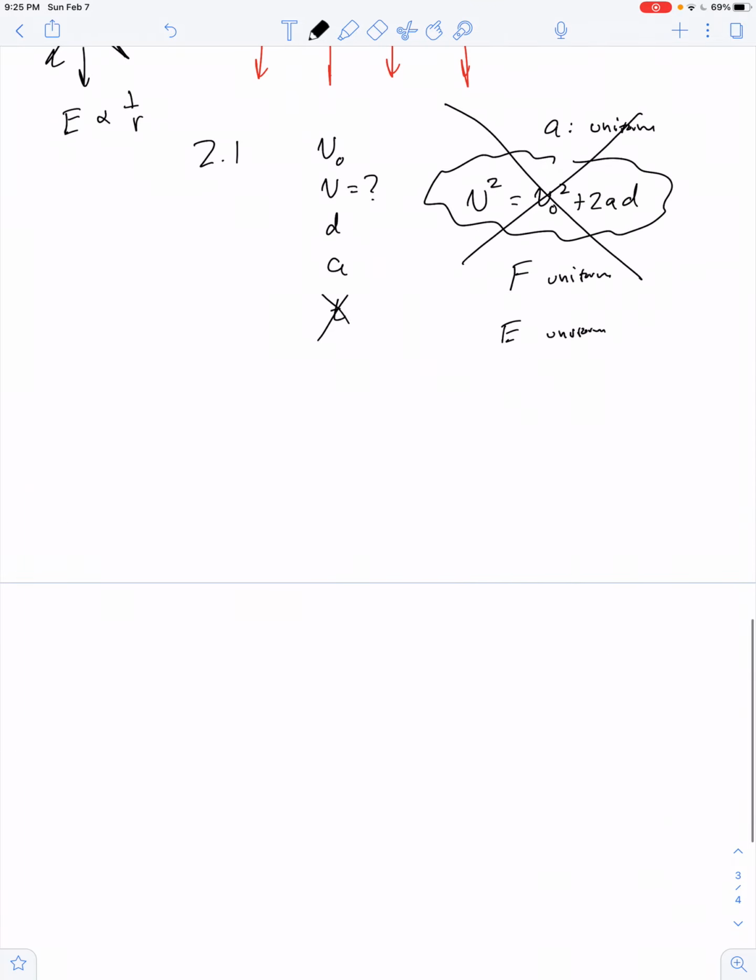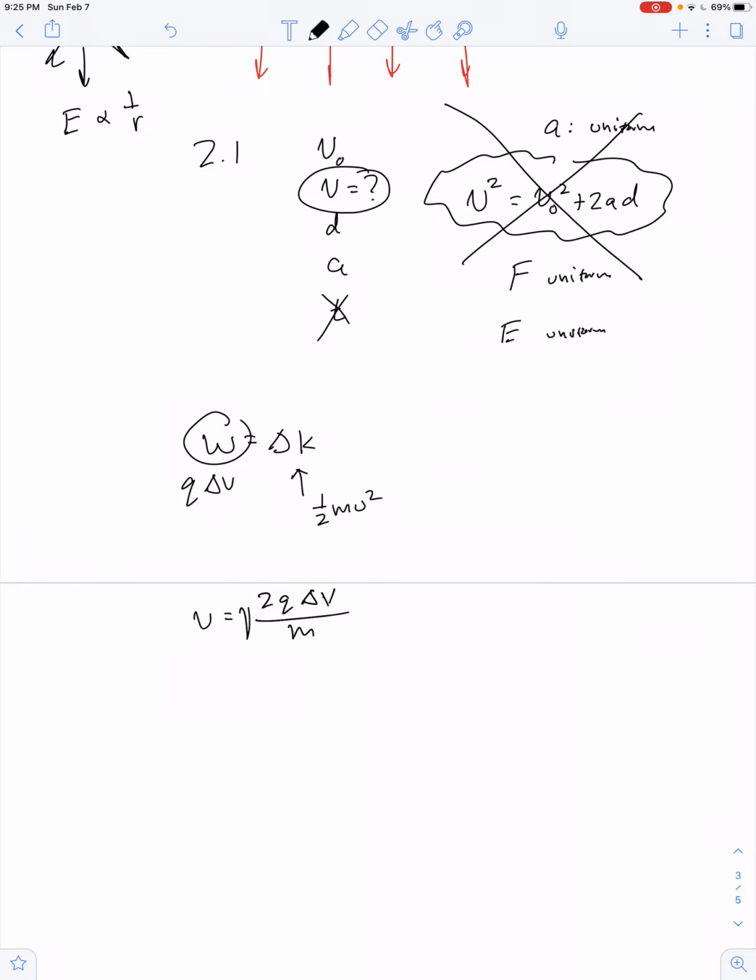So what's the next best choice when trying to figure out final speeds? We can use the work kinetic energy theorem. We can say work equals change in kinetic energy. So if the object's released from rest, then we can replace change in kinetic energy with 1/2 mv squared. How do we calculate work? Well, it's q times delta V. So the final speed would be equal to the square root of 2q delta V divided by m.